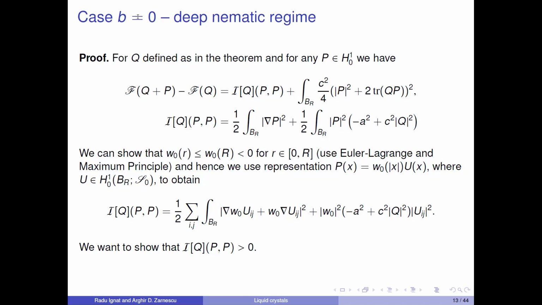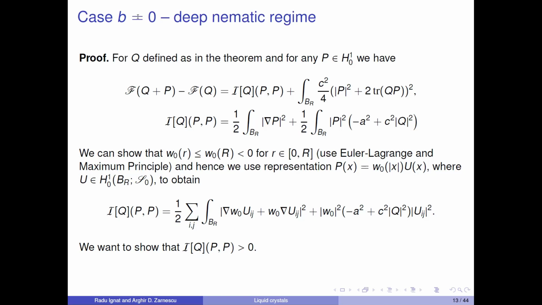And then you have two parts. One is the second variation, which is something like this. The second variation is quadratic in P. And then you have some other term which is positive. So if you want to show that this is non-negative, you need to show that the second variation is non-negative.